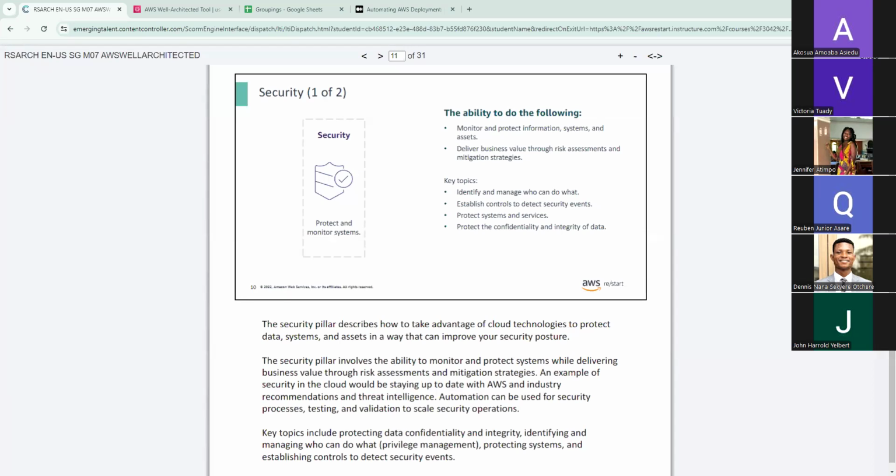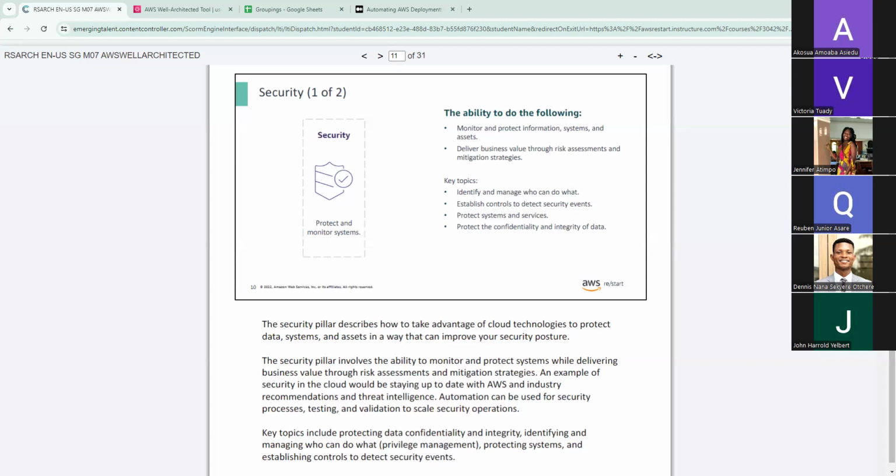So the security pillar basically has to do with protecting your assets, so your resources, your data, whatever it is you have in the cloud.